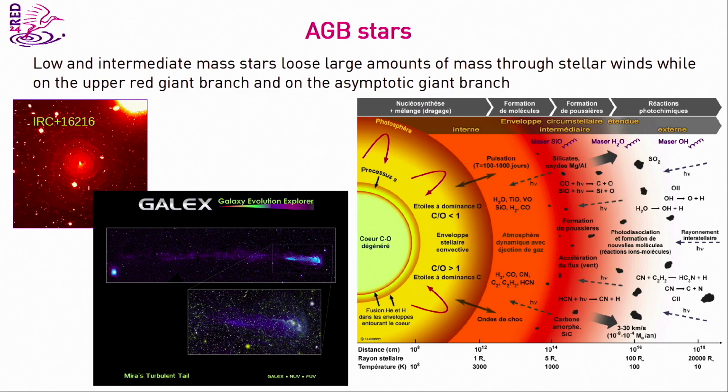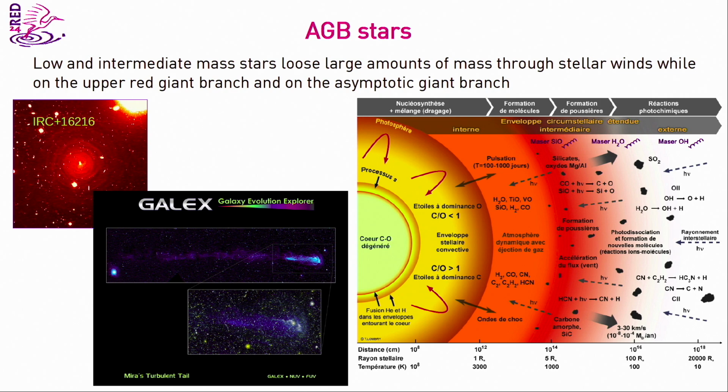In AGBs, what is important for us and for astrobiology is that these stars produce carbon. They are a huge factory for carbon-12. And this carbon is built in an environment which is cool enough for molecules and grains to form.